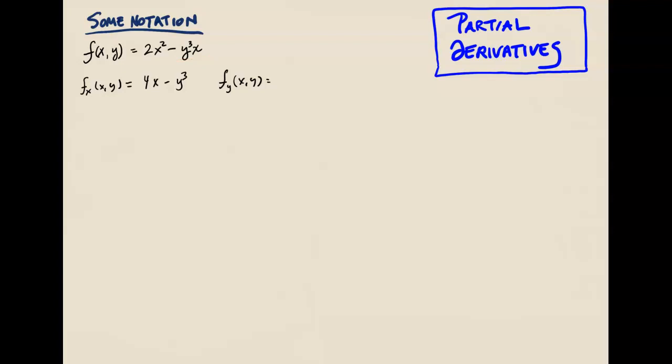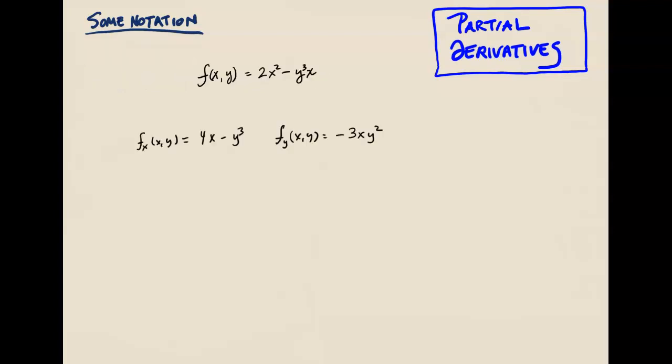In the second term, the partial with respect to y would give us minus 3xy squared. Let me try to move this stuff around to organize this better. Okay, the idea is I wanted to set this up so when we move in this direction, we have the partial with respect to x, and when I move in this direction, I have the partial with respect to y.